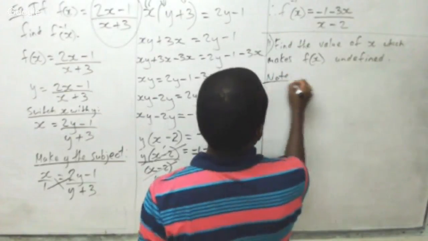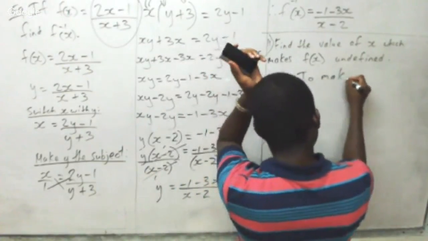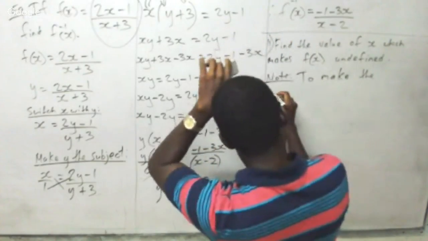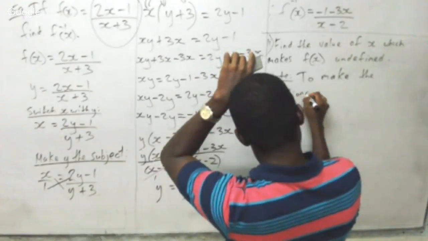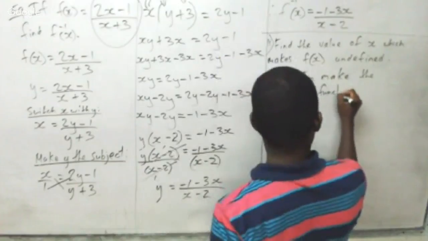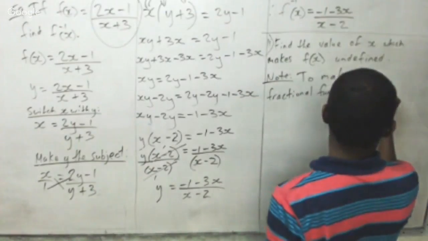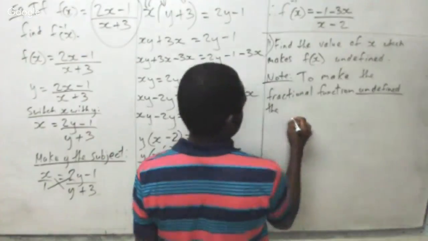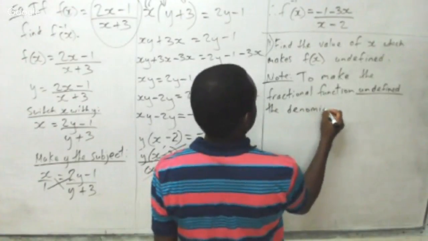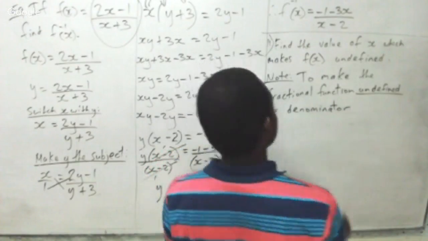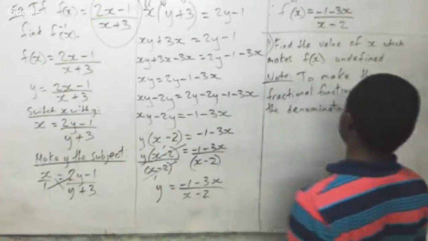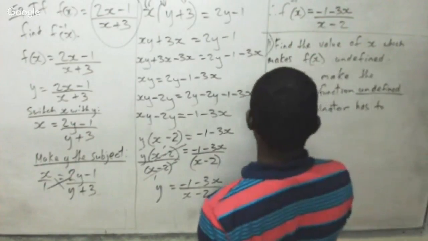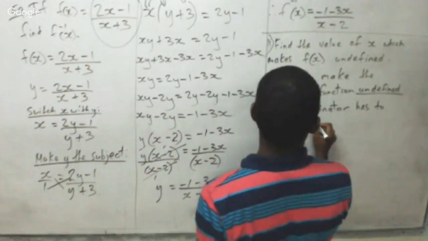So take down this note: to make the fractional function undefined, the denominator has to equal 0.